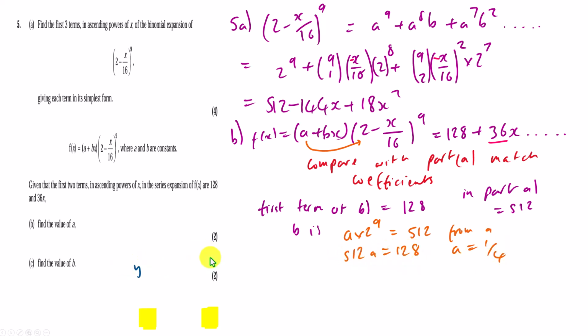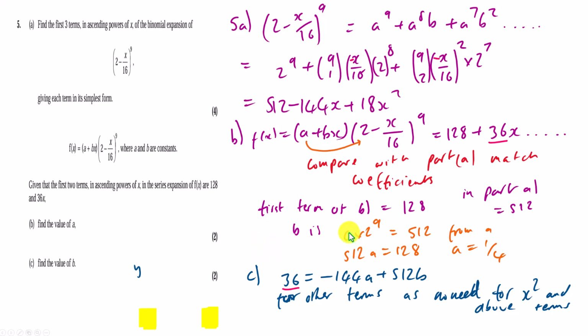Now for the second part of B, it's the coefficient of x, which we know is 36. If you imagine our a plus bx multiplied by these three terms, we've got a times 144x is going to give us a coefficient of x, hence I've written 144a here, and our bx times this term is going to give us 512bx.